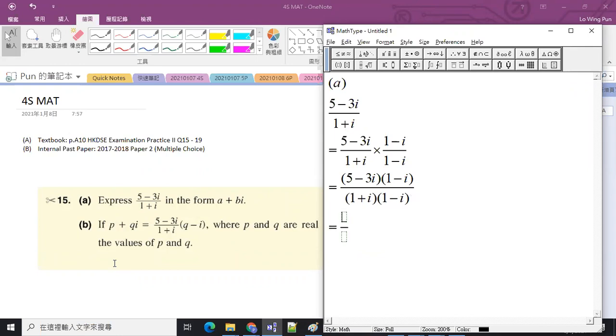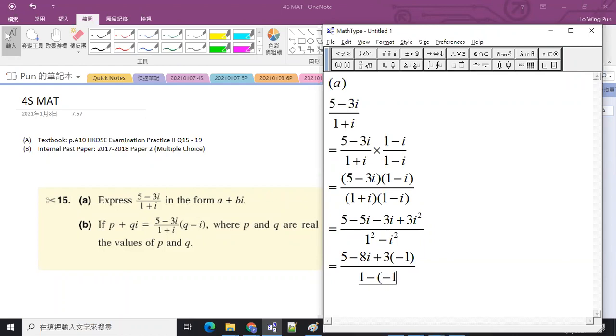Then you expand the bracket on the top part. It should be 5 minus 5i minus 3i plus 3i squared. For the bottom part, it is always (a plus b) times (a minus b), so it will be a squared minus b squared. Then you calculate the like terms and change all the i squared to be -1. So that should be 5 minus 8i plus 3 times -1, and it's 1 minus -1.